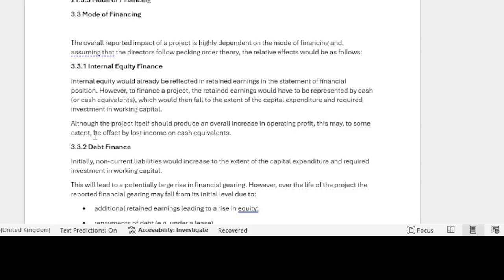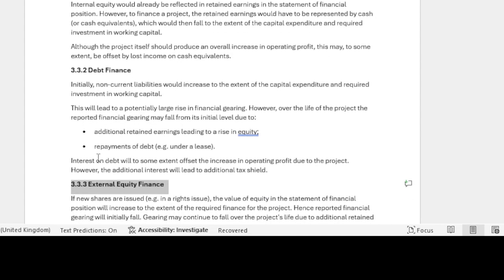Then we also have the debt finance. Under the debt finance is where we can have more liability coming on. So we can either take on loans, or we can borrow money from different people who can avail us with the amount that we are looking at. The only challenge that comes with debt is that it will affect the financial gearing of an organization, because the higher the debt, the higher the gearing.